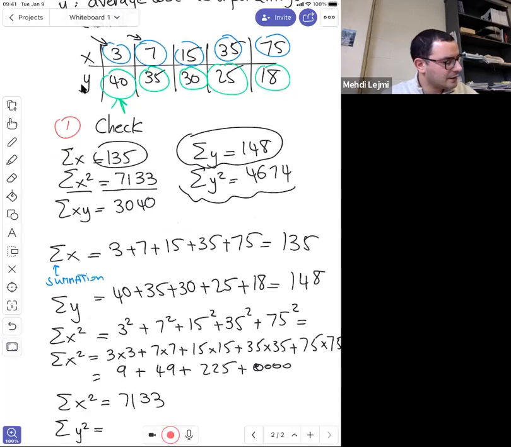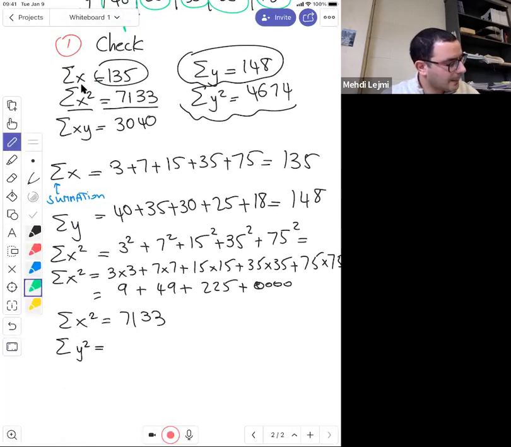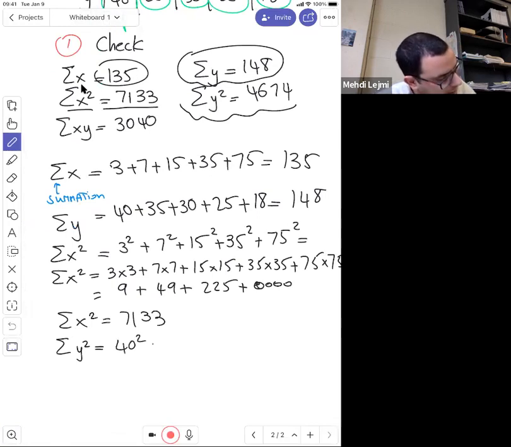The first value of y is 40, so that's 40 squared. The next value of y is 35, so 35 squared, plus 30 squared, plus 25 squared, plus 18 squared.